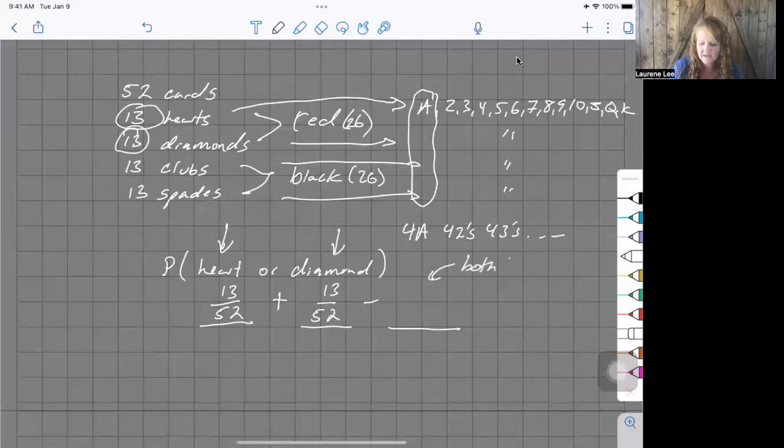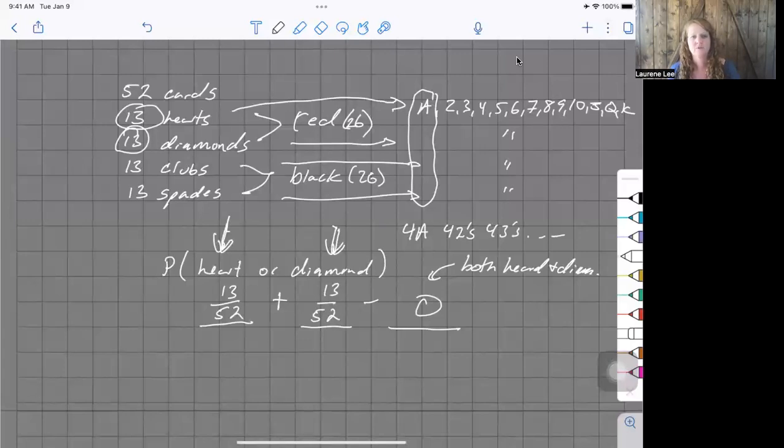Can I have both a heart and a diamond in the same card? So I take my 2 options and ask, what's the probability of having both of those? The way that it's laid out, every card is either a heart or a diamond or a club or a spade. There's no cards that are both. So this is going to have no overlap. You cannot be a heart and a diamond at the same time.